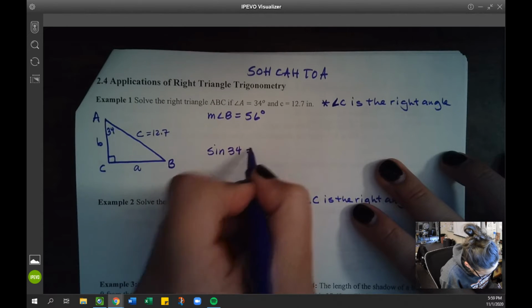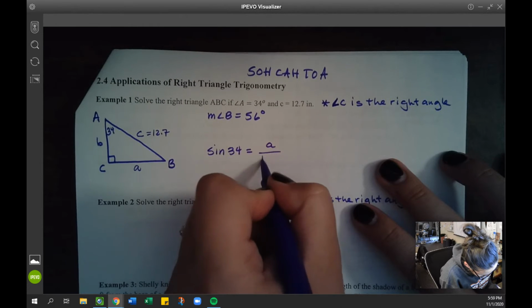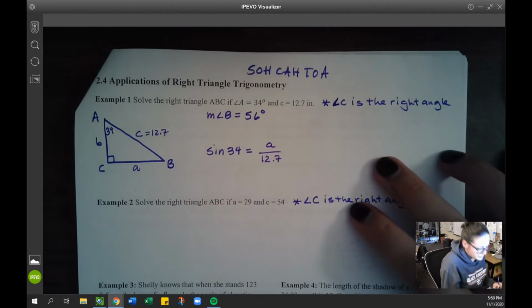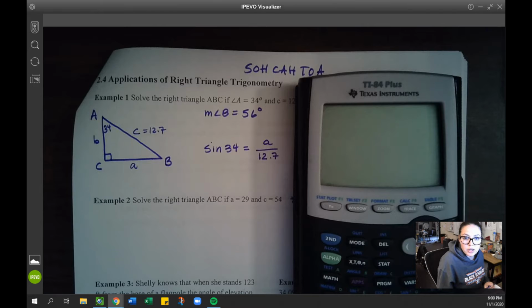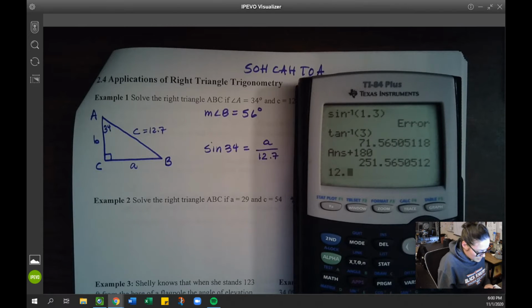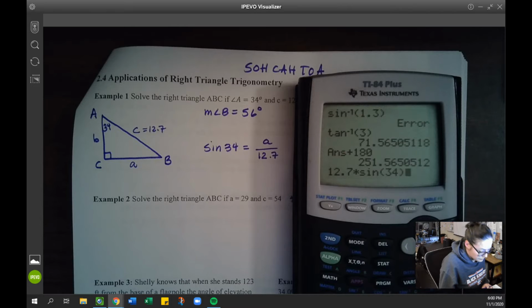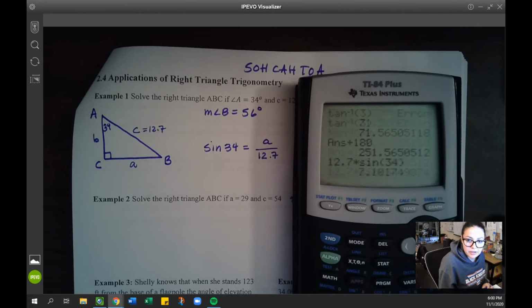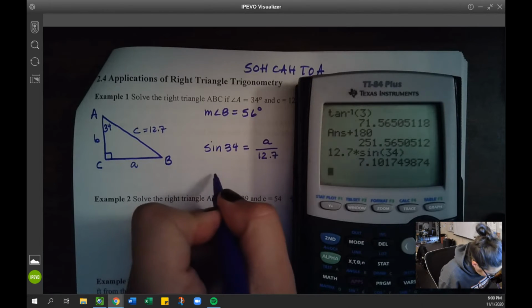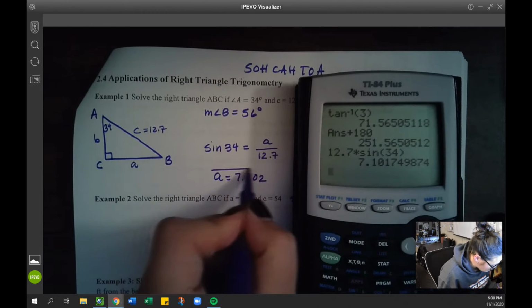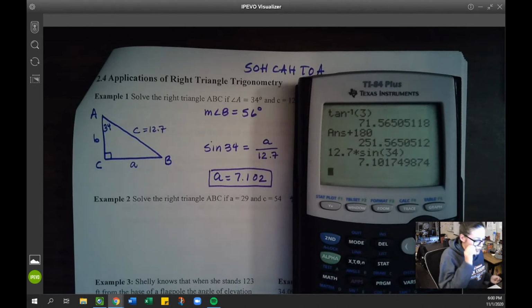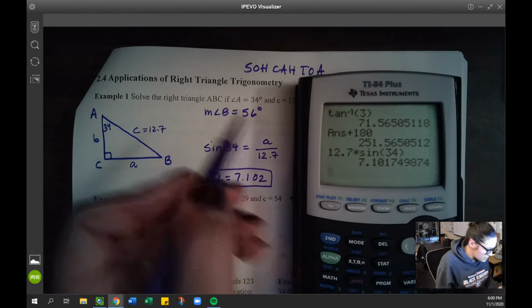Sine 34 equals a over 12.7, which means I'm going to multiply both sides by 12.7. So a is going to be 12.7 times sine 34. And that's what I'm going to type into my calculator right there, which means a is 7.102. Remember, we're getting in the habit of rounding to 3 decimal places.